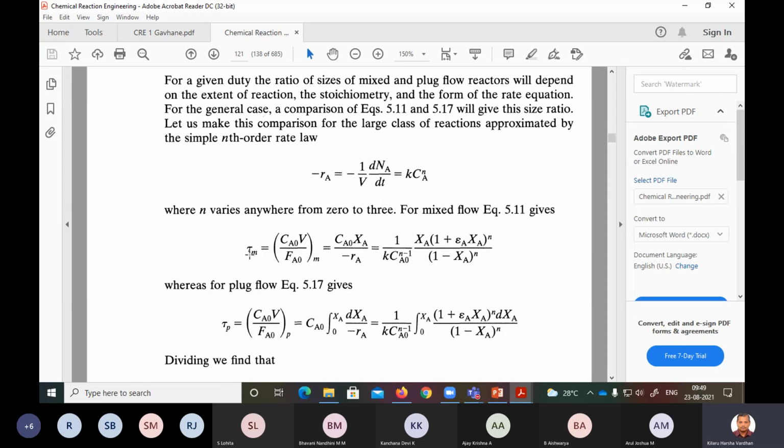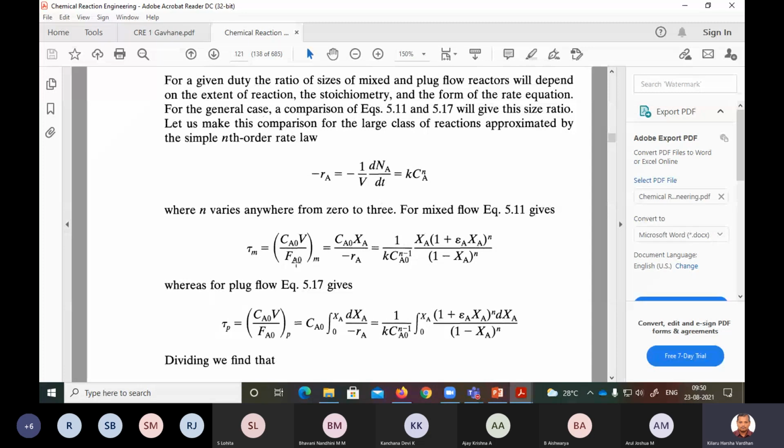So what is tau m? Tau m is nothing but V by V naught, correct? That is the volume of the mixed reactor divided by the volumetric flow rate.